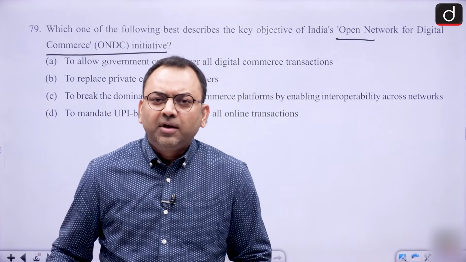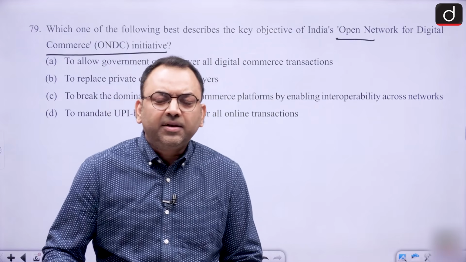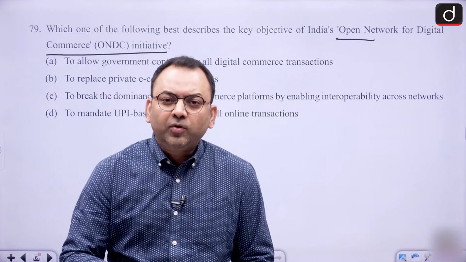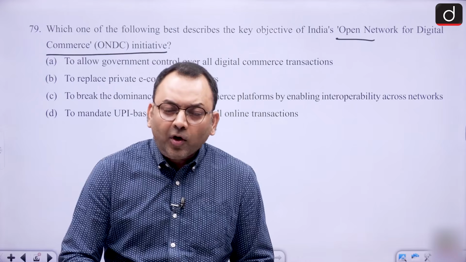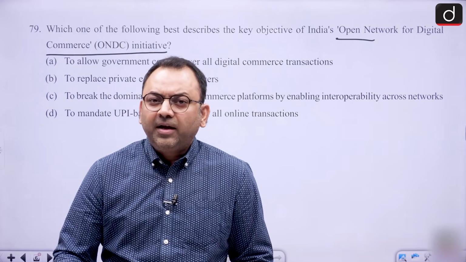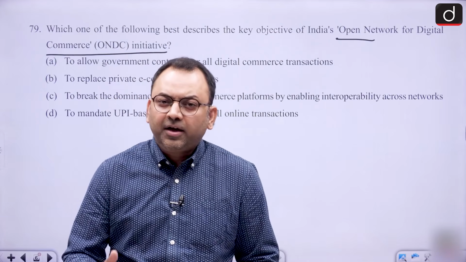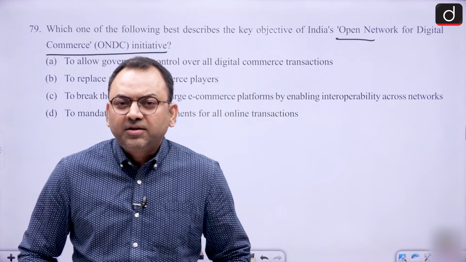Suppose Amazon is not interested to go to ONDC. When the people are shifting to ONDC and they are looking for goods from ONDC only, they will find all the platforms, all the sellers, and they can buy the best of the product. So the platforms will have a pressure that they cannot dictate the terms to the small sellers.